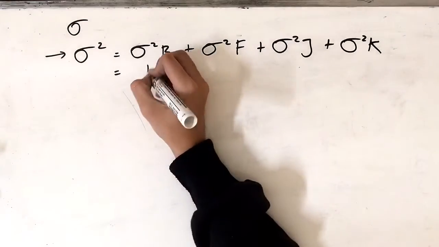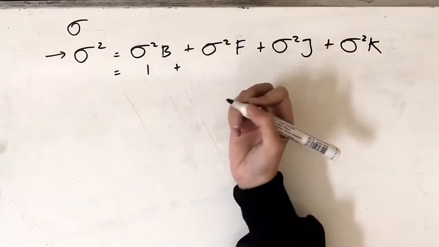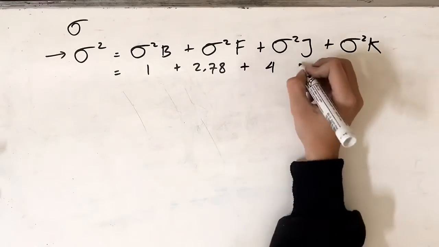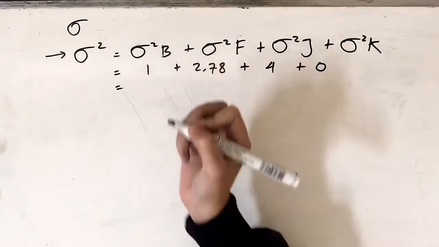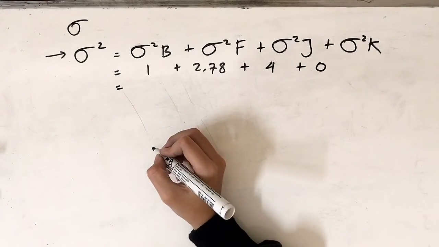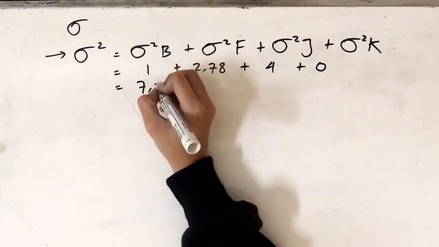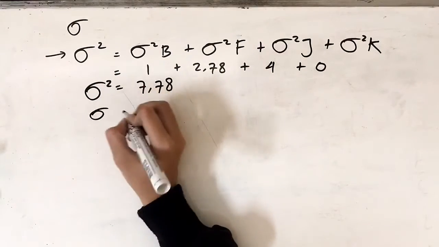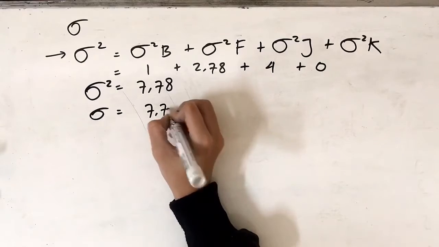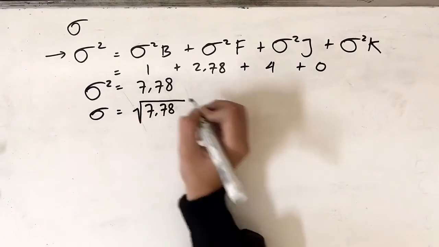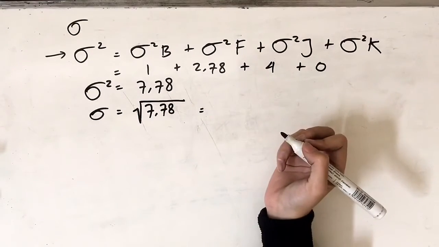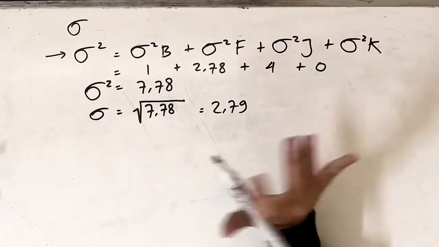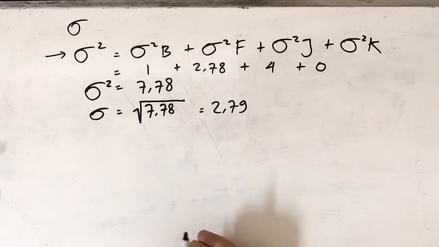We could get the numbers from the table that we met before. The total of all variances is 7.78. That's just the variance, but we have to find the standard deviation, so just take the square root of the number. And finally, we get 2.79 for the standard deviation.